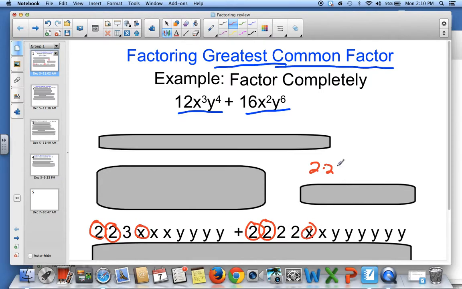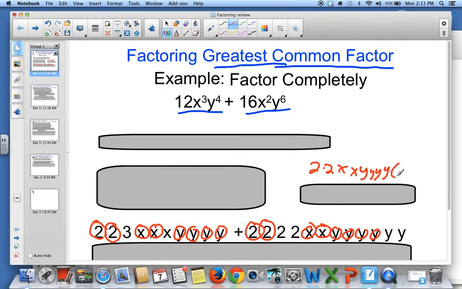And then I have an x, and then another x. And I'm just going to count 1, 2, 3, 4 y's. So that's going to be y to the fourth.